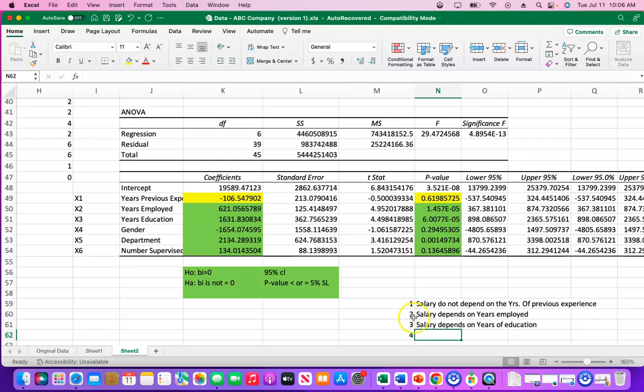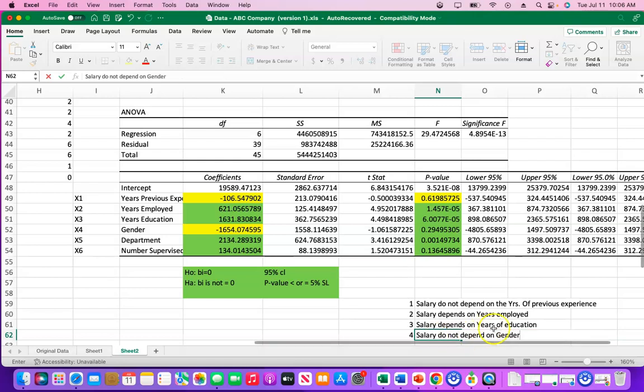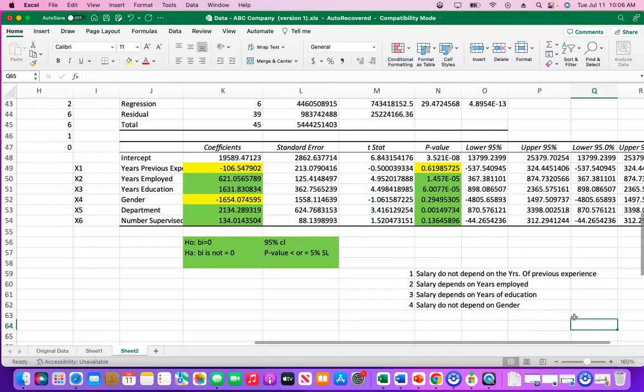So we can say that this coefficient, or this slope, is not significantly different from 0. It is more or less the same as 0. So I'm going to put the yellow color on this, and all I'll say is salary does not depend on gender. So gender is not a factor for salaries in this company.